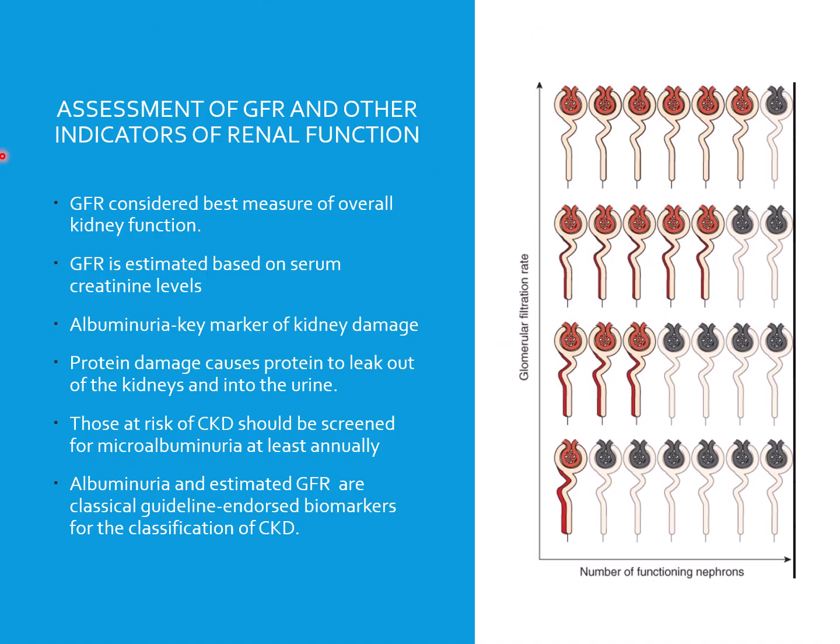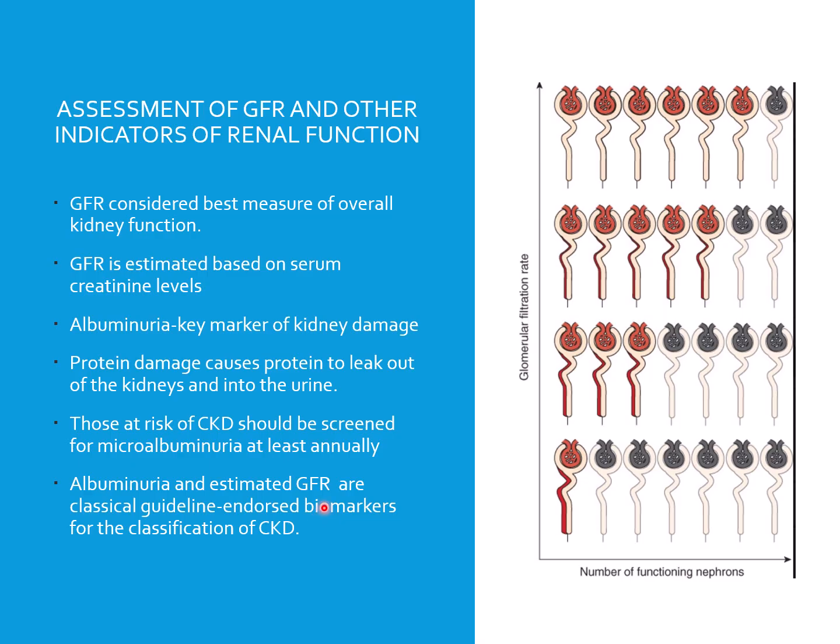Another key measurement that we use for CKD is something called albuminuria. This is a key marker of kidney damage. Kidney damage causes proteins to leak out of the kidneys and into the urine. Those who are identified as high risk for CKD, and we'll talk about some of those risk factors in a minute, should be screened for microalbuminuria at least annually.